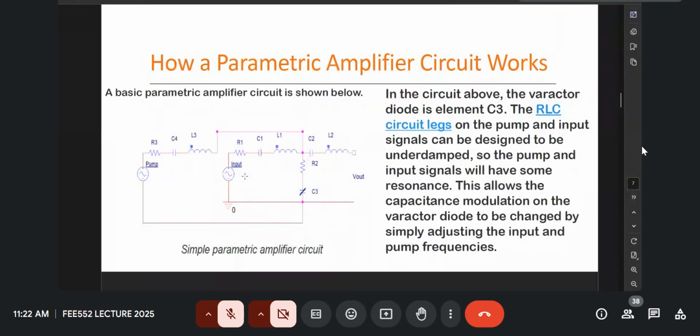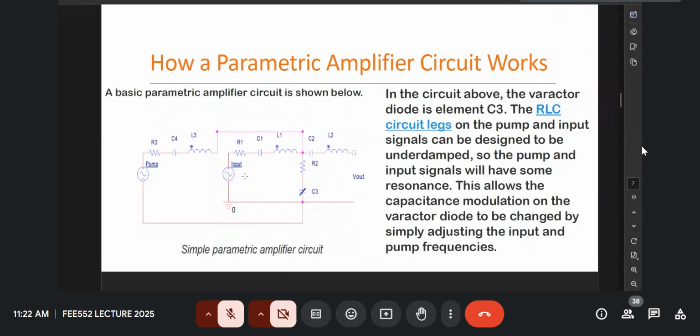In the circuit above, the varactor diode is the element C. We are making use of the varactor diode's capacitive element to adjust the negative reactance and modulate its capacitance. The varactor diode is represented by the capacitor C3.